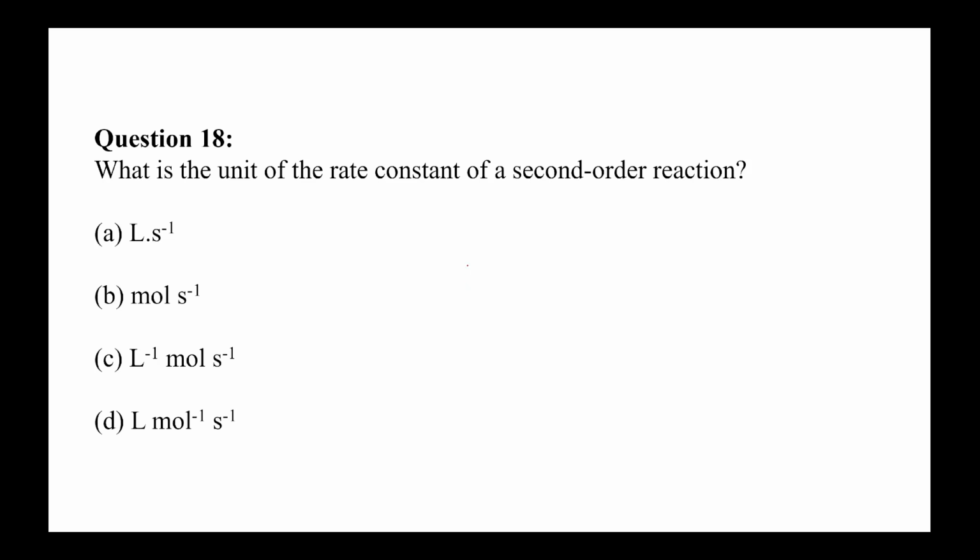So how do we calculate the rate constant for a second order reaction? I told you the rate of a reaction is given as K multiplied by the reactant concentration raised to the power of n. So in this case, the value of n will be 2. So now the rate is moles per liter per second, because the change in concentration, so concentration is given as moles per liter, right?